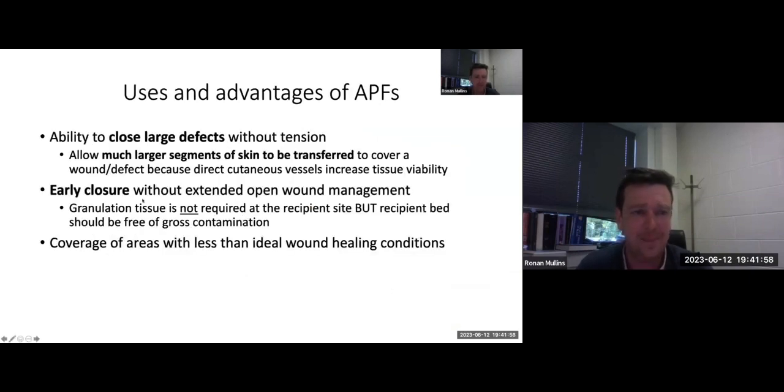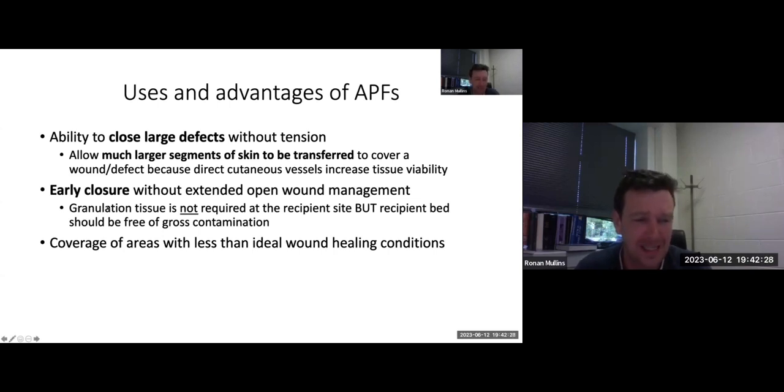In terms of the advantages of these axial pattern flaps, again, because they include that direct cutaneous artery and vein, we can create large flaps and therefore close pretty large defects. We can also achieve early closure without extended open wound management. So what I mean by that is, take the example of skin grafts, full thickness meshed skin grafts.